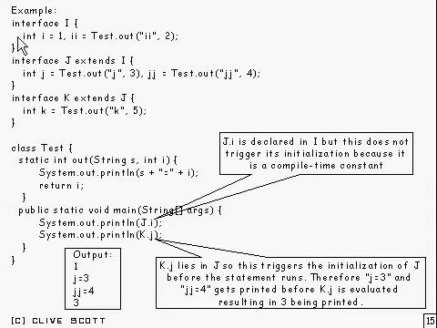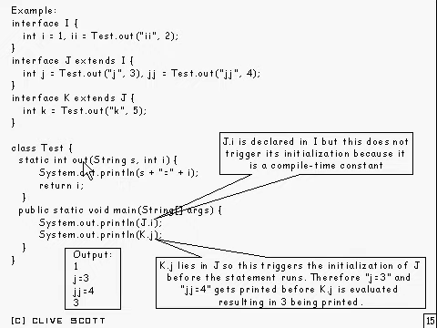Okay, let's see the same sort of thing with interfaces. It's interface I with I equals 1, and then I equals something else. And then interface J with J equals something that extends I, and interface K extends J, so K equals some other. And all this lot, call this test.out.